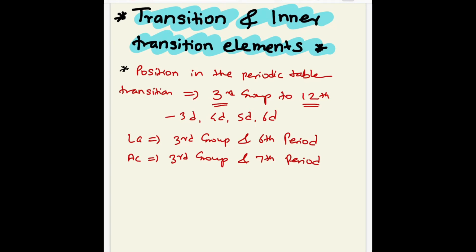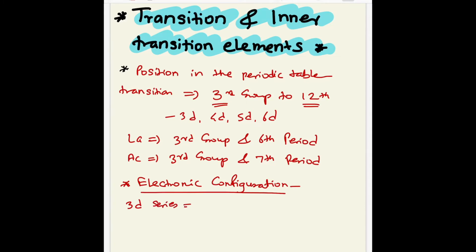So next we can see the electronic configuration of transition elements. In the 3d series, the elements start from scandium, whose atomic number is 21, and end with zinc, whose atomic number is 30.